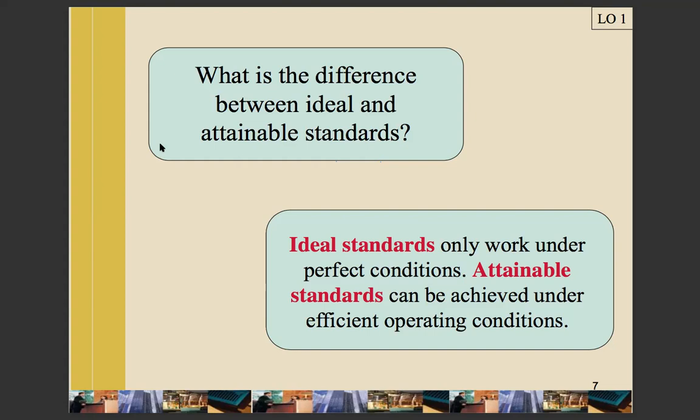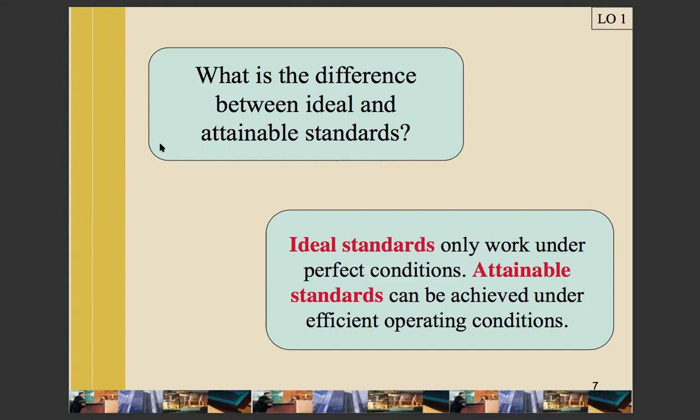For example, allowances are made for interruptions and for conditions when skill is less than perfect. The standard is demanding but achievable, so we can actually reach it, right?